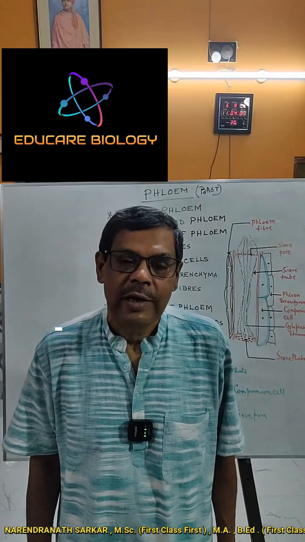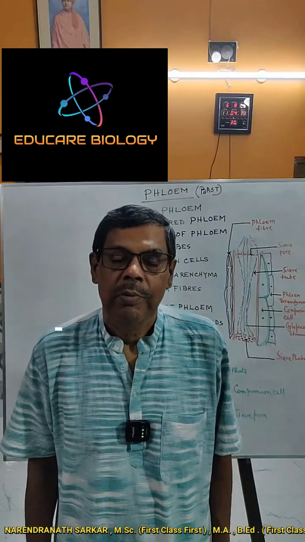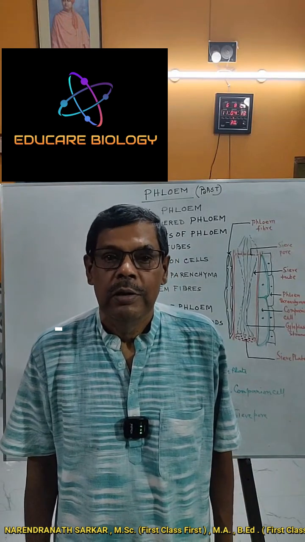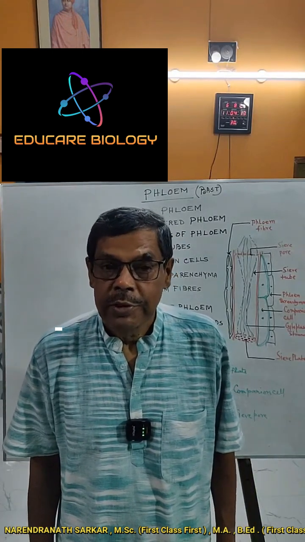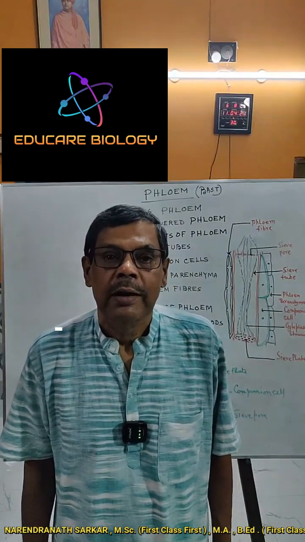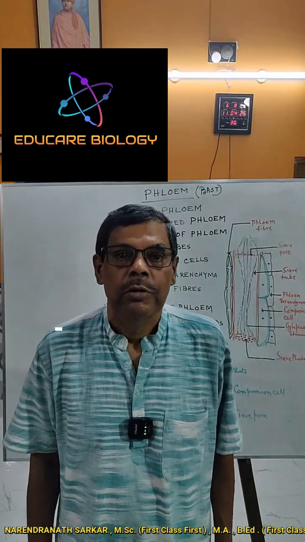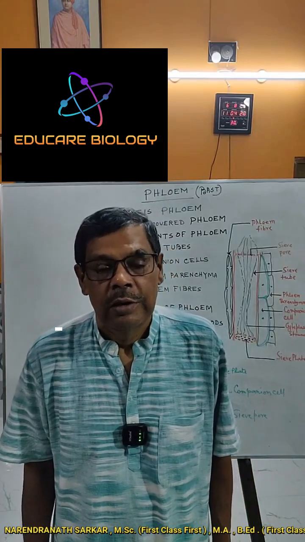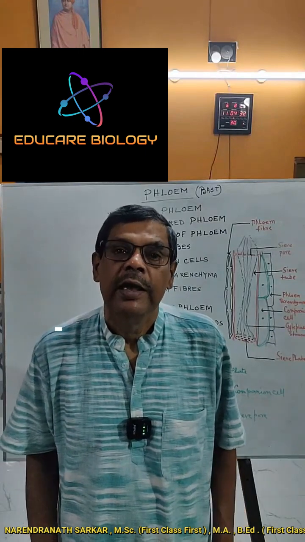Now I will discuss the phloem, one kind of permanent complex tissue. Phloem tissue, which is called permanent complex tissue, may be defined as the tissue which is connected to the conduction of food material in plants.